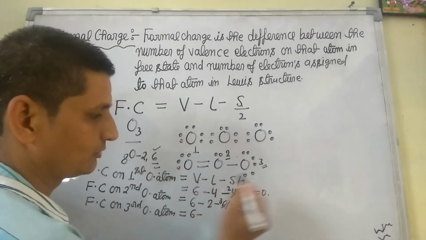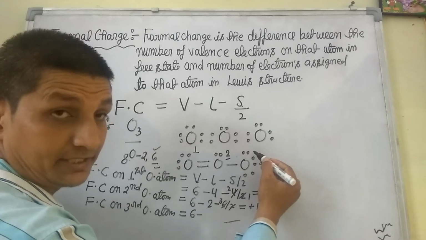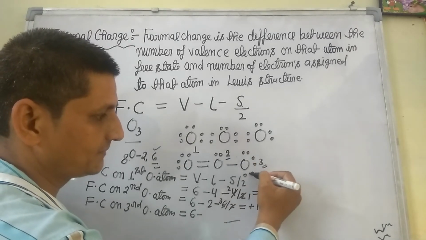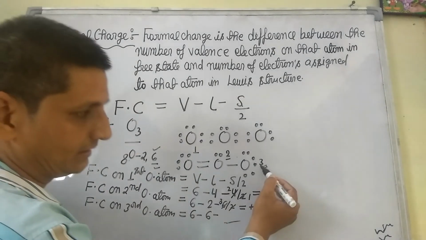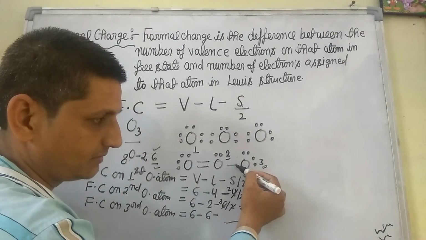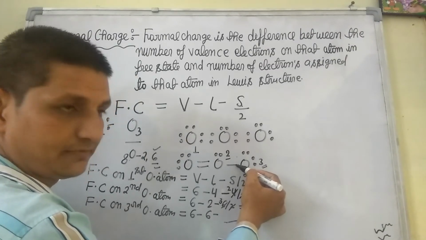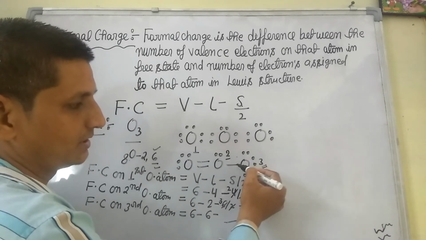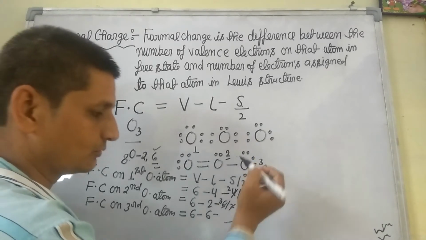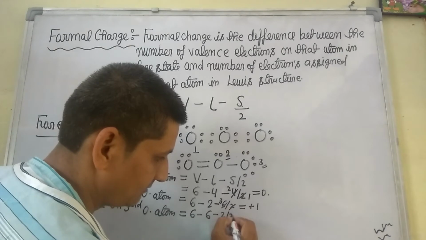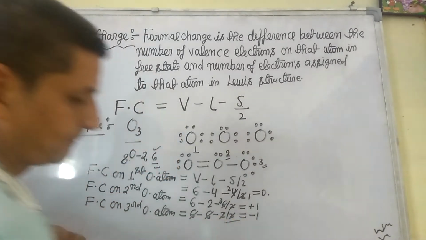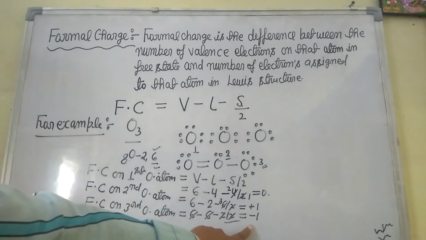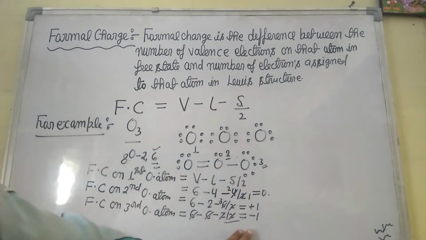And lone pair electrons, you can count easily: 1, 2, 3, 4, 5, 6. So lone pair electrons are 6. After this, shared electrons: in the third oxygen atom only one single bond is present, and one single bond is 2 electrons, and divide it by 2. 2 cancels, 6 and 6 cancel, we get minus 1. Okay students, so when we solve it we get minus 1.